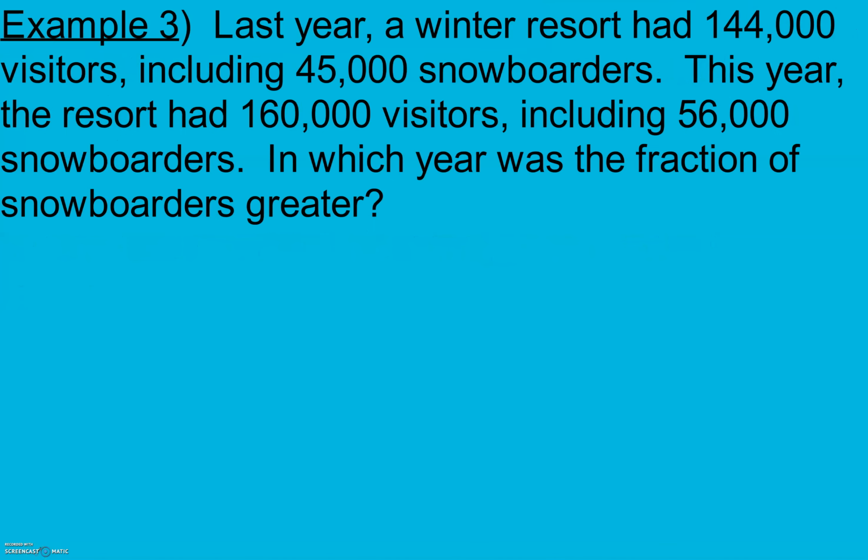Last year, a winter resort had 144,000 visitors, including 45,000 snowboarders. This year, the resort had 160,000 visitors, including 56,000 snowboarders. In what year was the fraction of snowboarders greater? So, as far as our fraction of snowboarders, we want snowboarders compared to the total people.